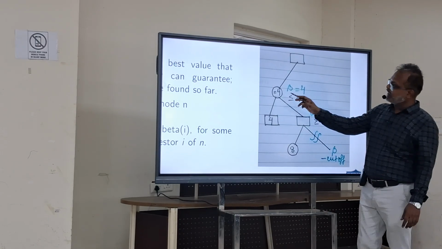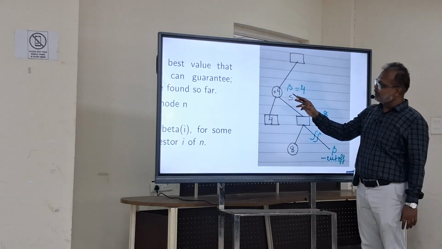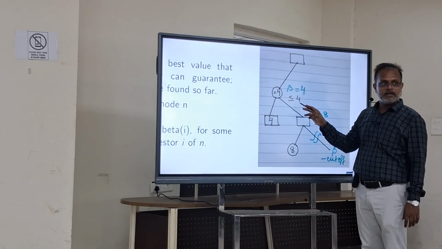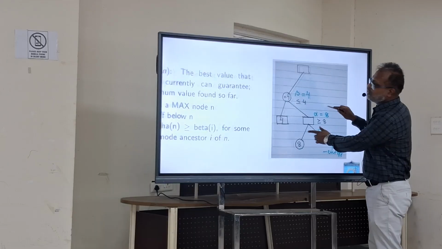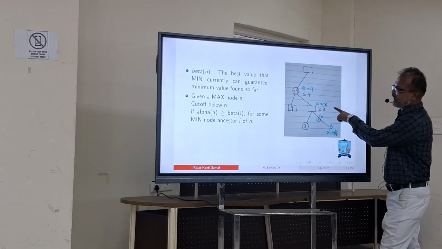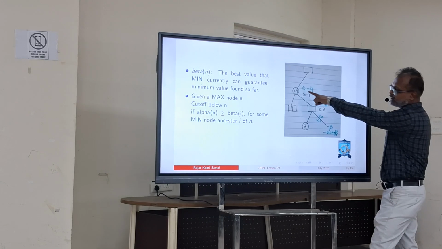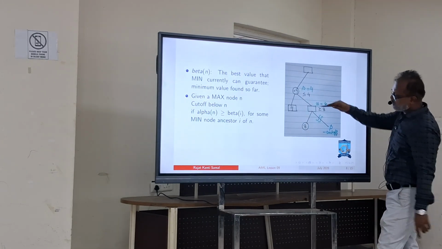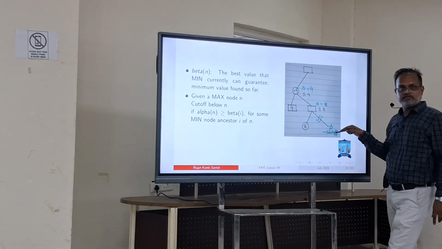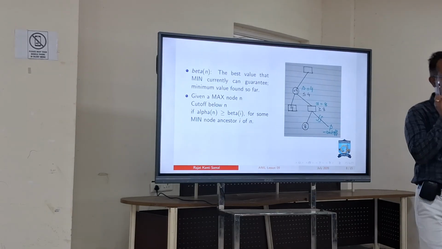Whereas if you go beyond that, the minimum value that the mean node can guarantee is 4 here. Now, when the alpha value 8 is greater than the beta value, which is 4, you can cut this off, and that will be known as beta cutoff.